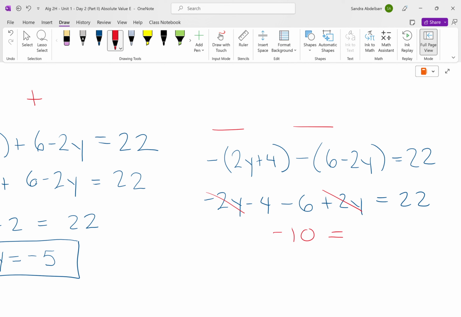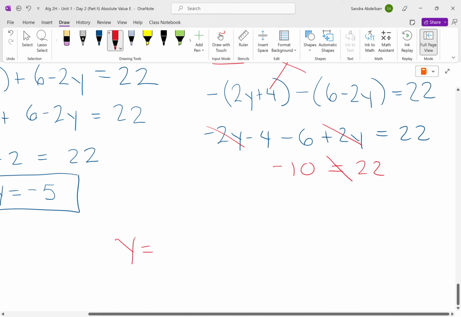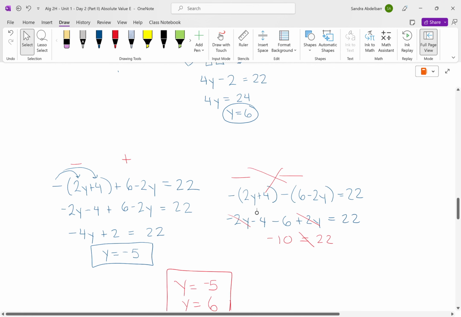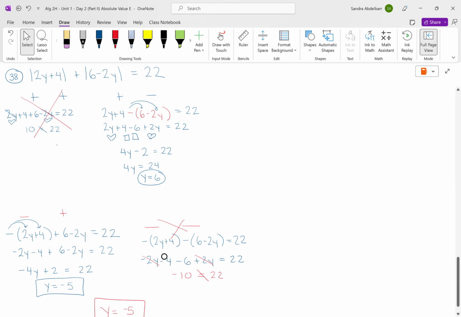Right off the bat, what happens with the 2y's? They cancel. So does this work out? No, you end up with negative 10 equals 22, which is not a true statement. So what are our solutions here? We have y equals negative 5 and y equals, what was the other one too? 6. Okay, thank you. Those are our 2 solutions.